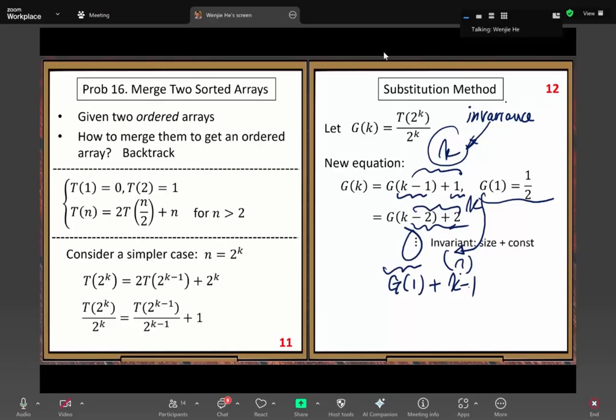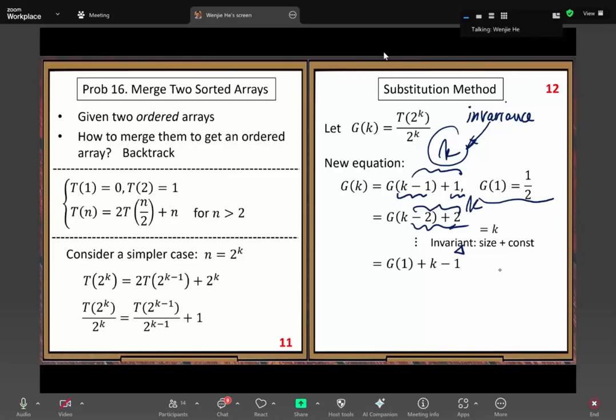Based on that invariance k, it should be g of 1 plus k minus 1. So here, we review that invariance method to keep track of the data.